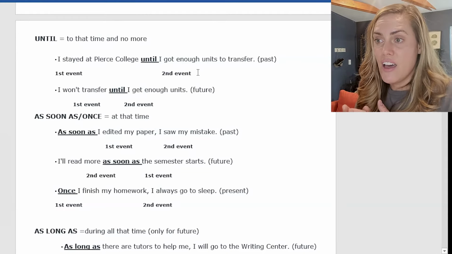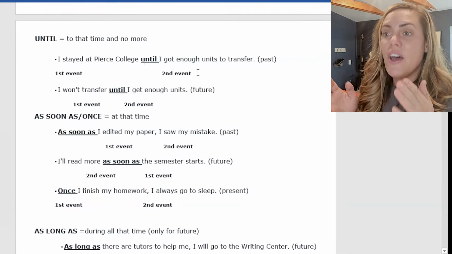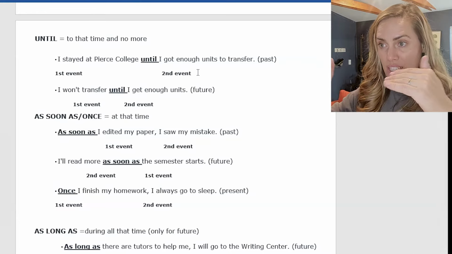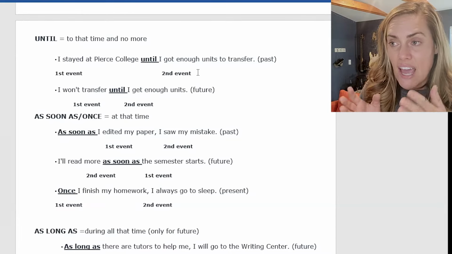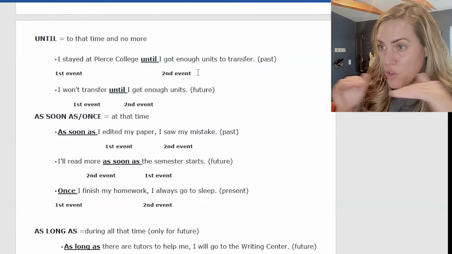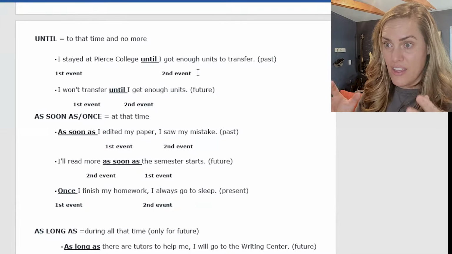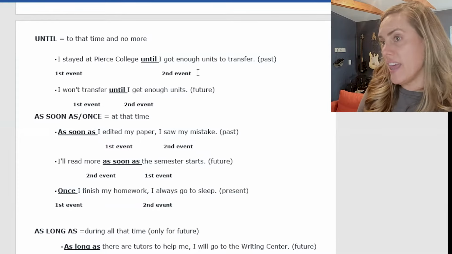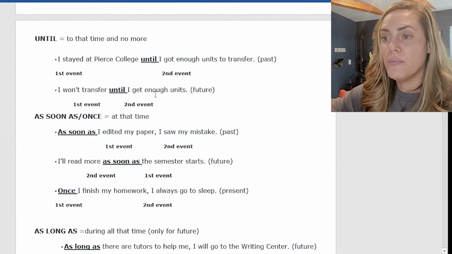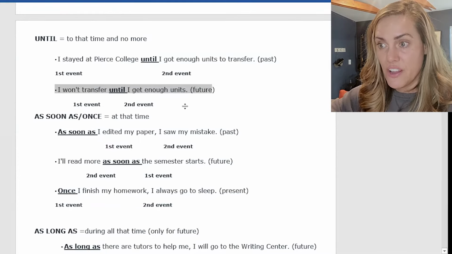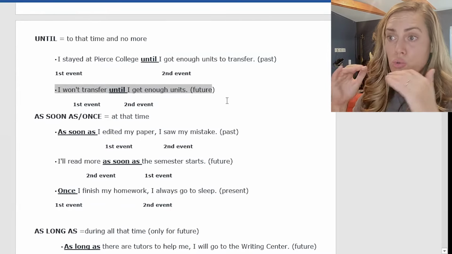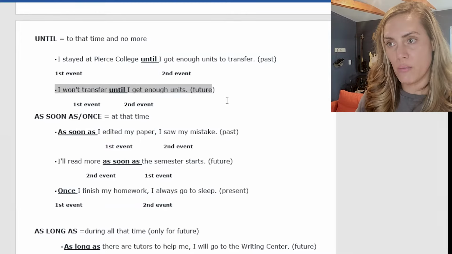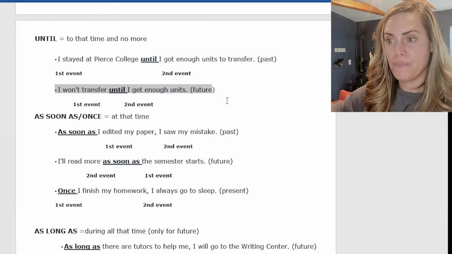That means until means to that point and then no more after that. Okay, so I stayed at that college only until that point and then I left. Or here, I won't transfer until I get enough units. Until I get to that point, I won't be able to do something else before it.